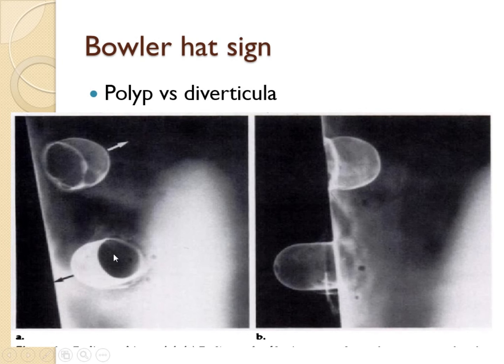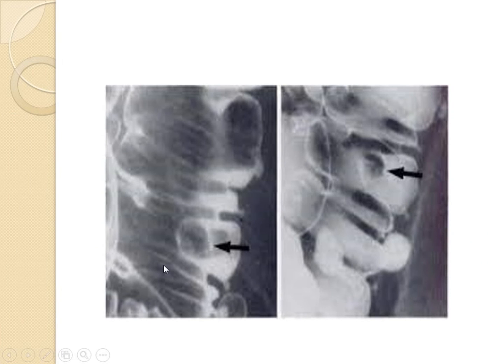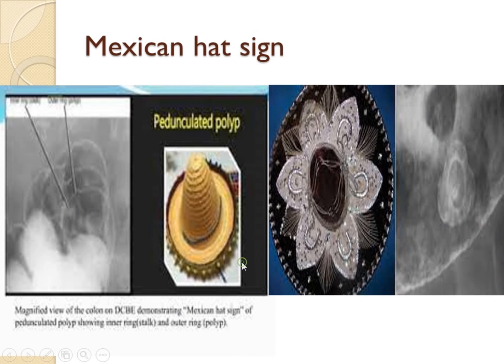If the white hat is away from the colon, outside the colon, it's a diverticulum. Like here, the white is toward the colon, while here, the white is away from the colon.